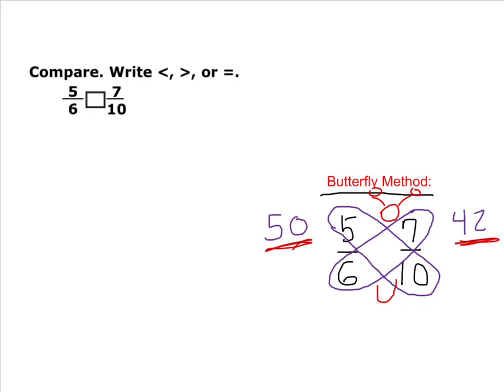Again, the 50 is larger than 42, so your greater than symbol is going to be facing your 5/6, or the alligator is going to eat the bigger number. Okay? Good. Let's take a look at our last example here.